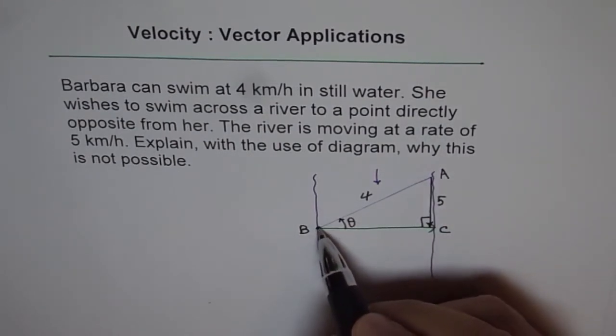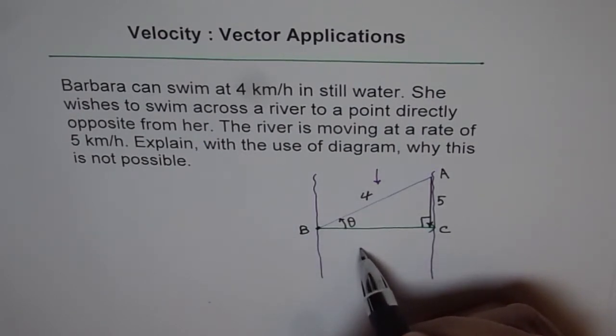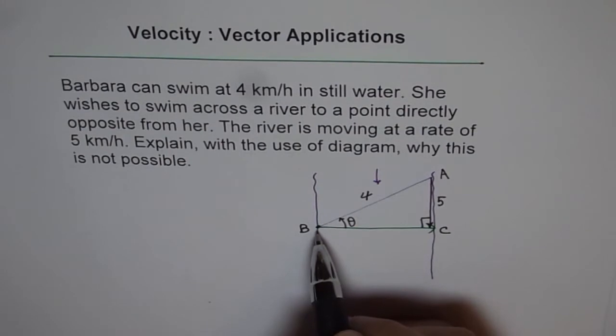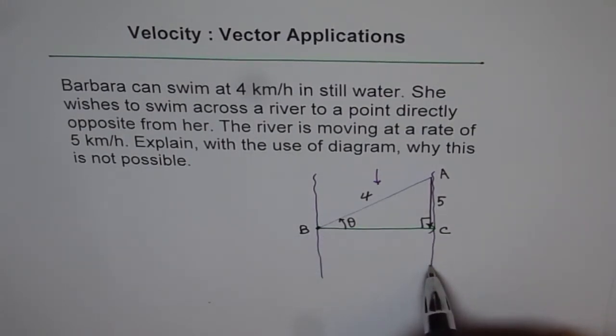If she goes 4 units, she will be taken down 5 units. So effectively, she is not going to ever go right across. She will land far down. So that is what the situation is, and that is how you can explain it.